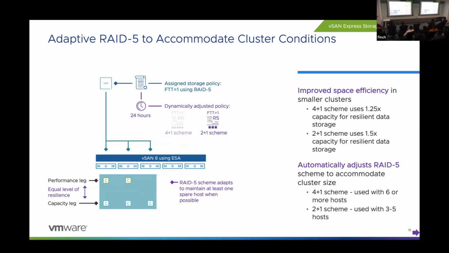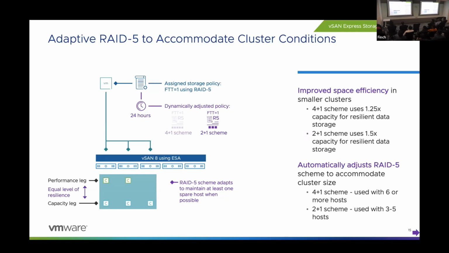Without compromising on the performance, without compromising on any RAID 5 benefits, it would just change the scheme based on the number of hosts which are available in a cluster. And for an administrator or for a user, it will be the same kind of experience. You don't have to see or change anything. It's definitely automated. It's a dynamically adjusted policy.